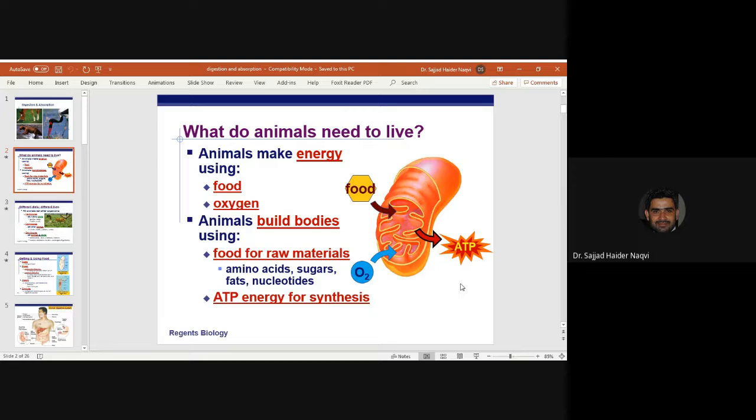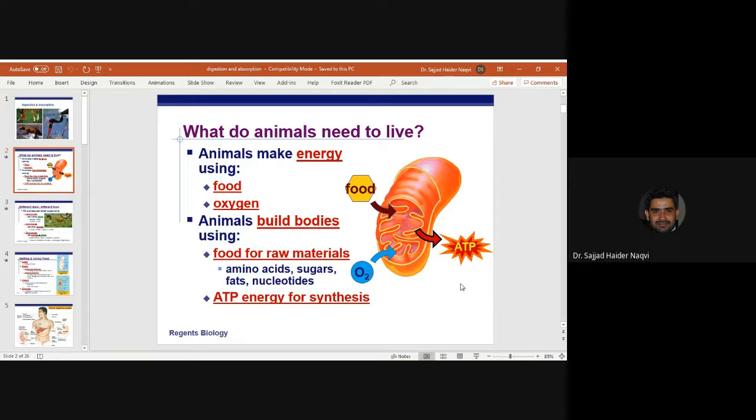So the food is a primary source of energy required by all living organisms, especially when we talk about the animals. And the next step is to get the energy out of the food by burning the food in presence of the oxygen.